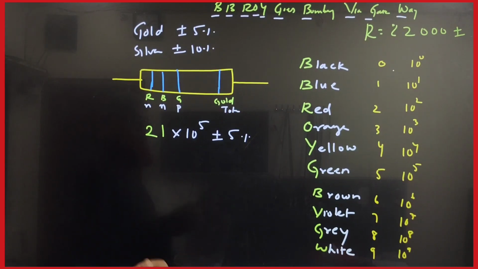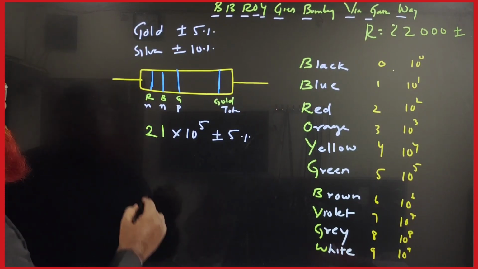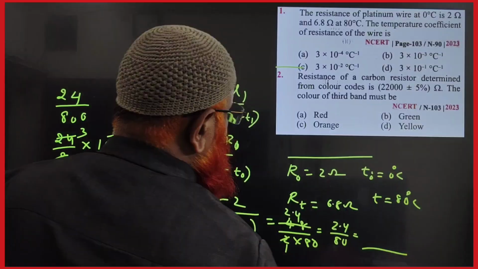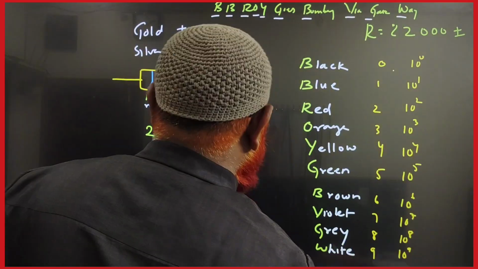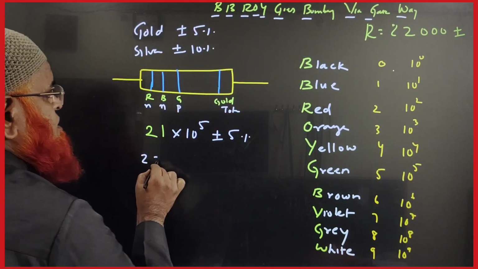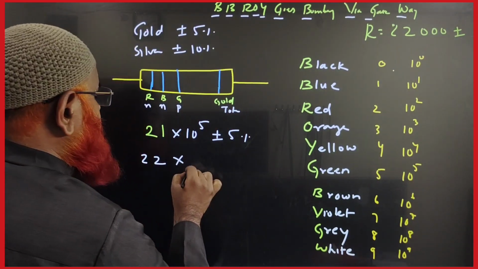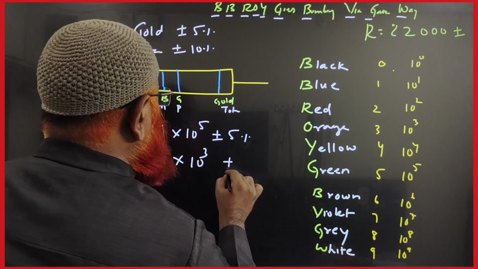This is our problem actually. Just see the problem which is given. What is the problem given here? 22,000 plus or minus 5%. So 22,000 means 22 times 10 power 3, plus or minus 5%.